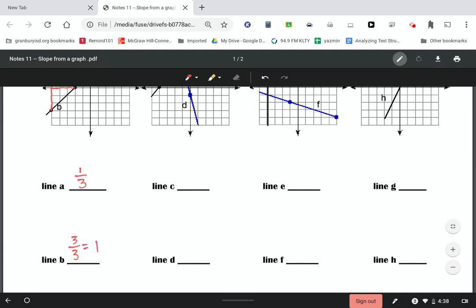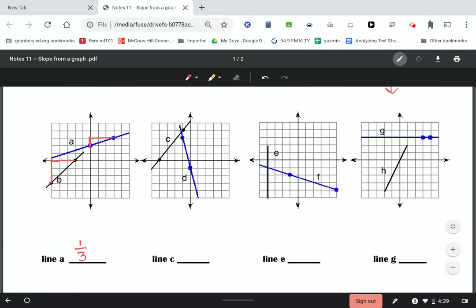All right, let's take a look at letter C. So if I start down here at the bottom, I'm going to rise 1, 2, 3, 4, and run 1, 2, 3. So that has a fraction of 4/3. All right, let's look here.